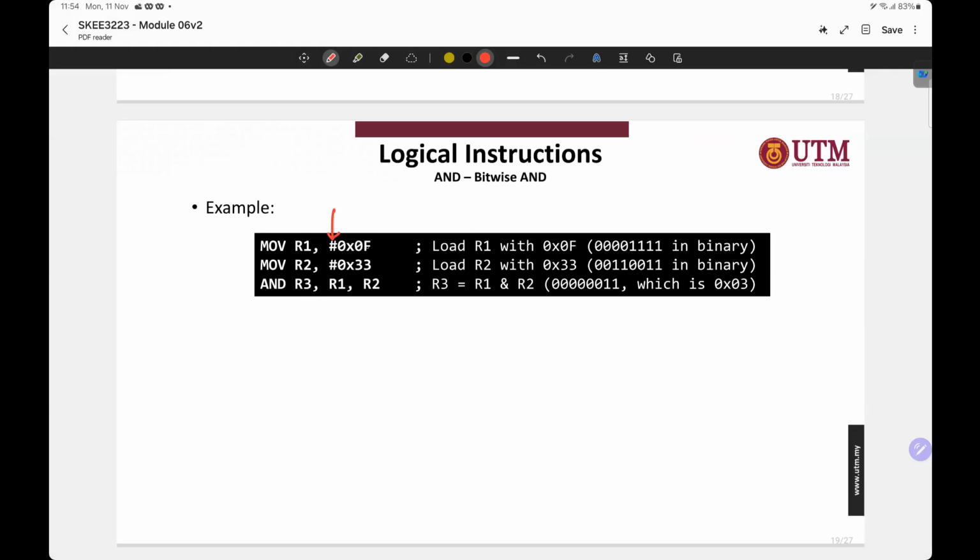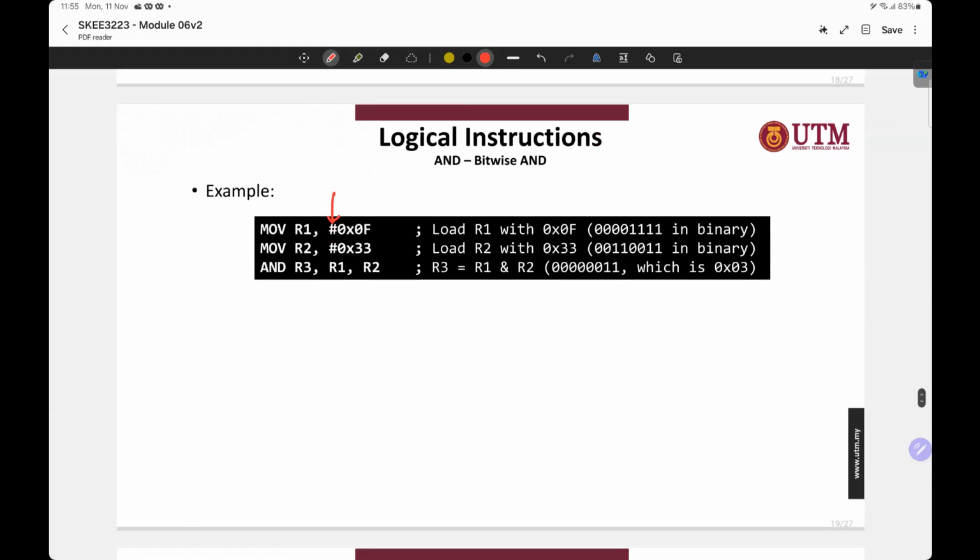More than that, you cannot use MOV to load an immediate value to your register. If you have a 32-bit value that you're going to load to the register, then you need to use the LDR instruction.